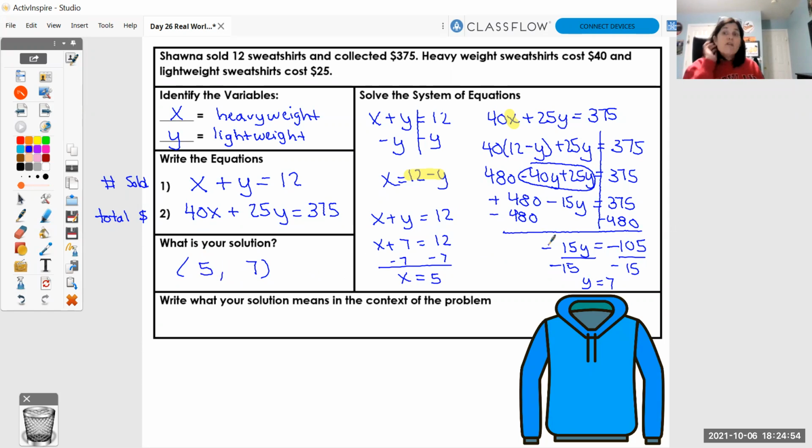And if we were just solving this, that would be fine. But this is a word problem. So you need to figure out what this means in the context of the problem. So X is my heavyweights. So that means that she sold 5 heavyweight sweatshirts. And Y was my lightweight.